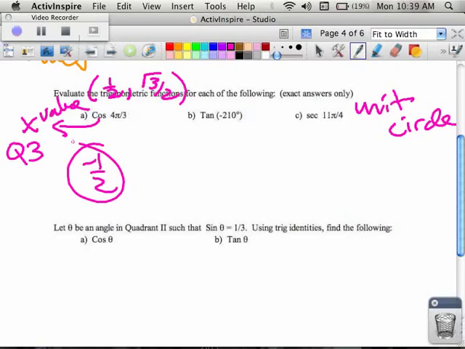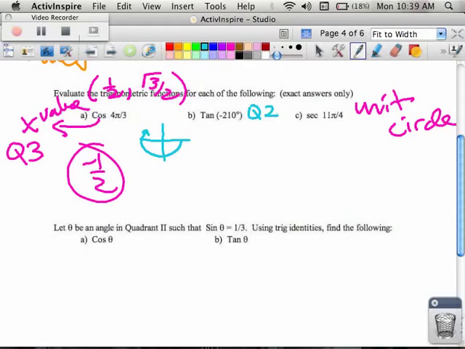In the second one, negative 210 means I'm going clockwise, 210 degrees. So if I wanted a visual in my head, I'm in quadrant 2. That's important. And in quadrant 2, negative 210 would be the same as 210 as far as what kind of angle it is.